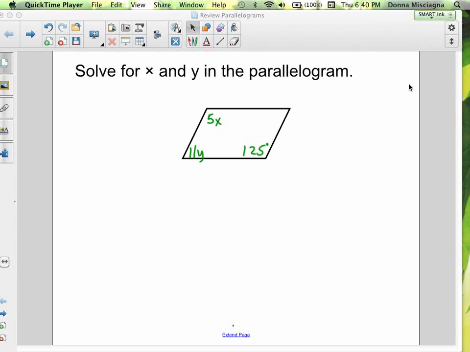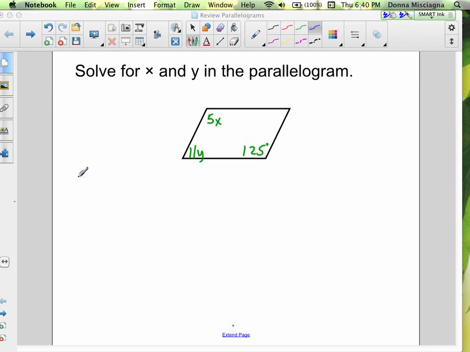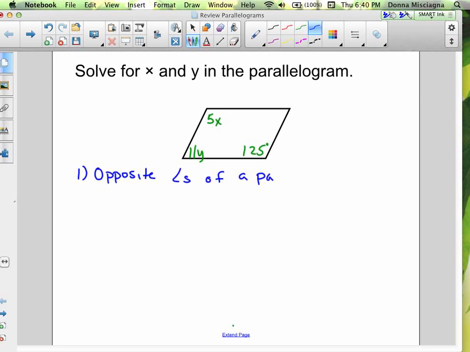Alright, so let's remember some characteristics of the angles in a parallelogram. So first of all, opposite angles of a parallelogram are congruent.